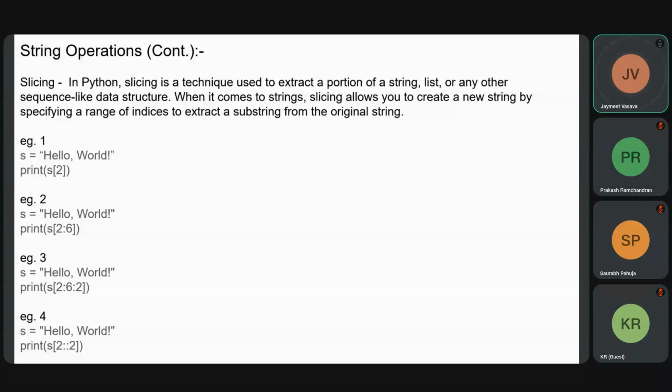In example 2, it was only the start and end values. And then for example 4, we have only the start and the stride values, not the end value.